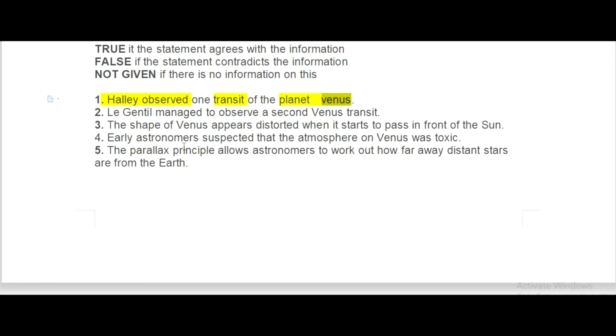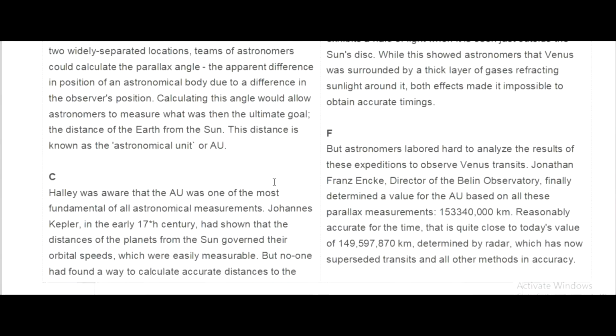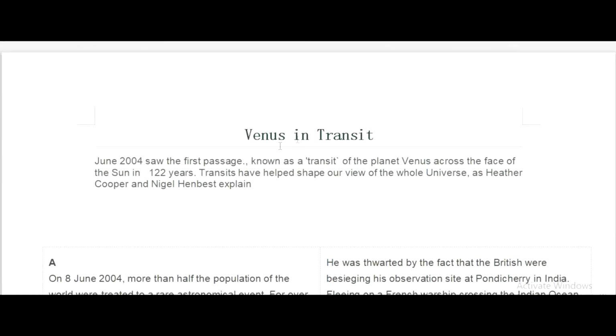Now I've got a question for you. Here, the keywords transit or planet Venus, are these useful keywords? Do you think that this is going to help us? If yes, then let me tell you that this entire passage is about Venus in transit.